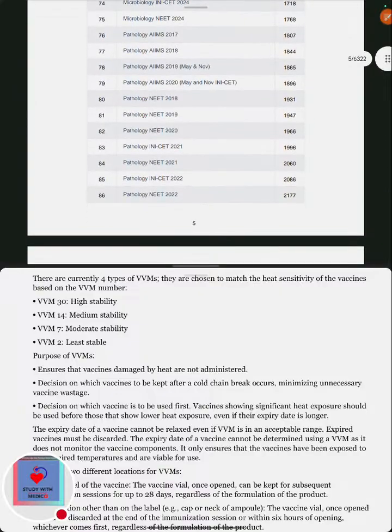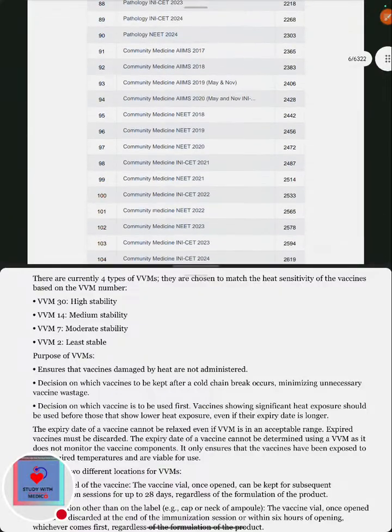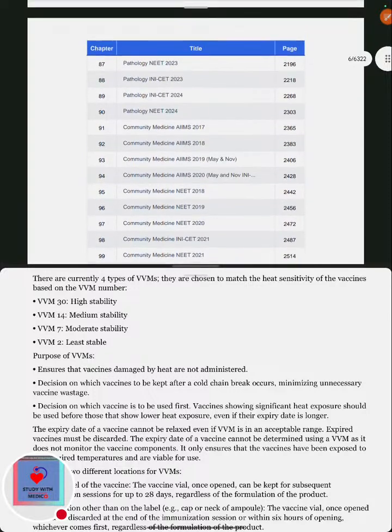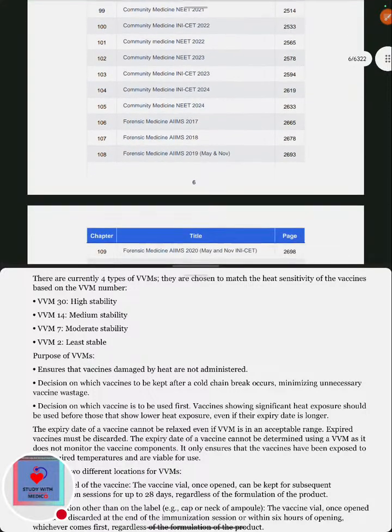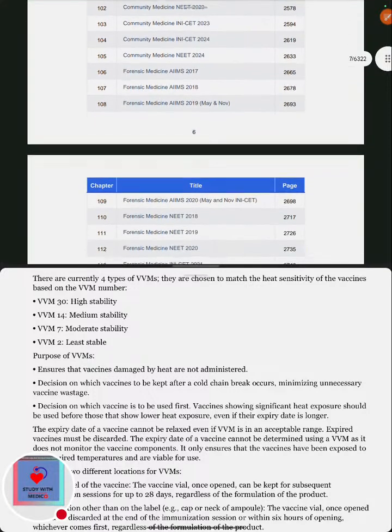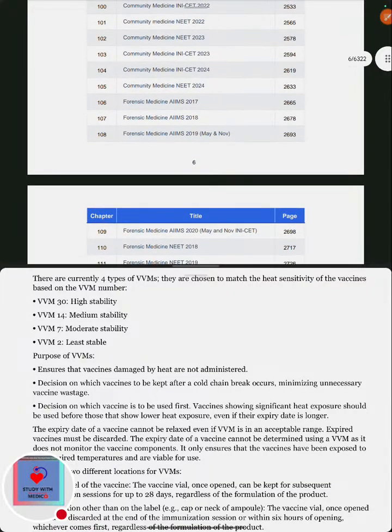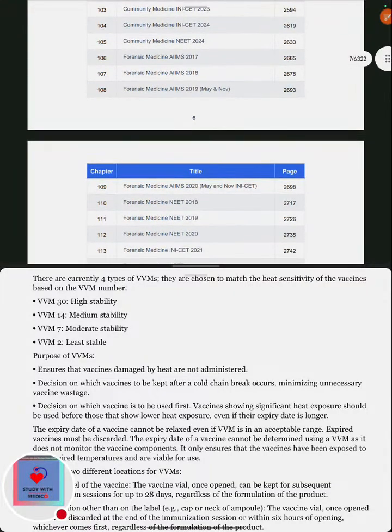Actually, it's not found. Let's go for 2678.